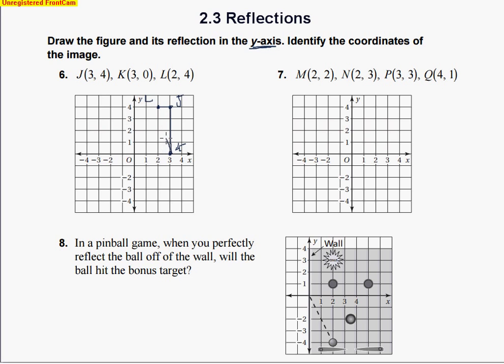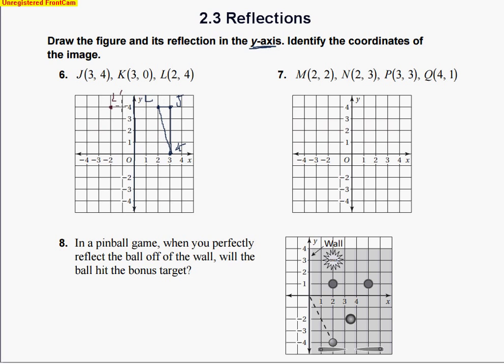So we go ahead and draw the figure. But this time, we're not reflecting down or up. We're reflecting left or right, in this case left, because again it's across the y-axis this time. So this is my line of reflection right here along the y-axis. So that's what I'm counting the spaces to. So I'll count the spaces for L. It's 2 spaces from that line of symmetry, or the line of reflection, so 2 spaces to the left of that.